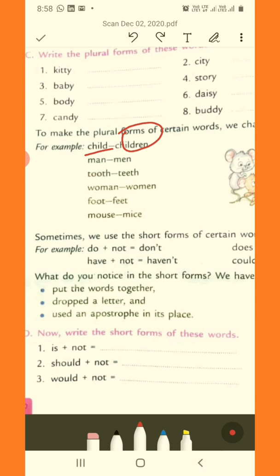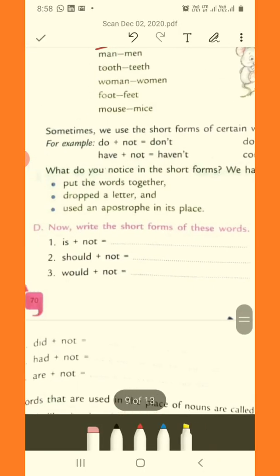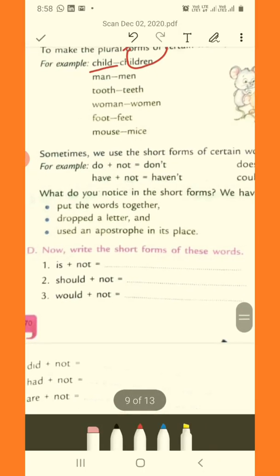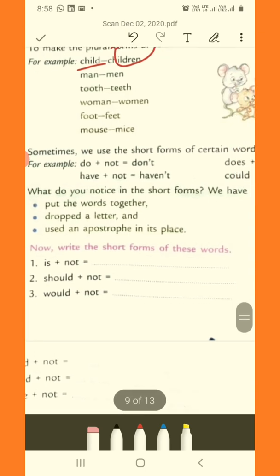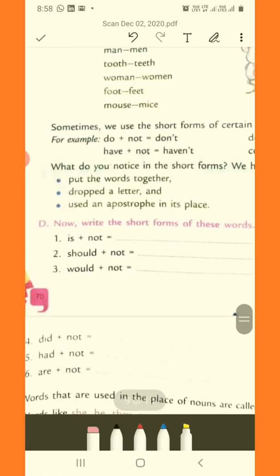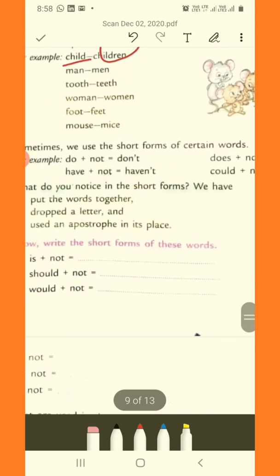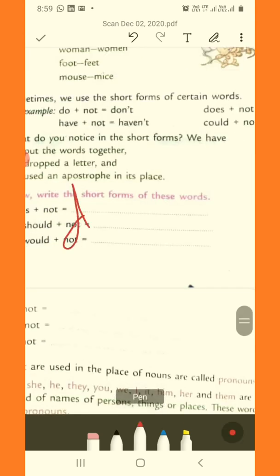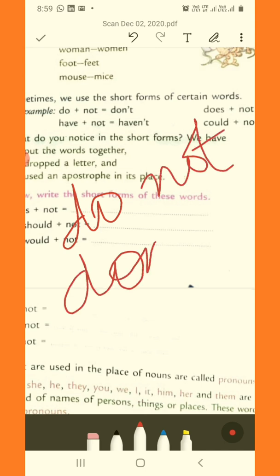I recommend you learn this by heart and also do some written practice. What else have we got here? Sometimes we use the short forms of certain words, like do not can be written as don't. See, the o in not is dropped, and do not can be written as don't, D-O-N-apostrophe-T. Now you may have noticed something. One o is missing from do not, and I have this sort of mark. Is it a comma?